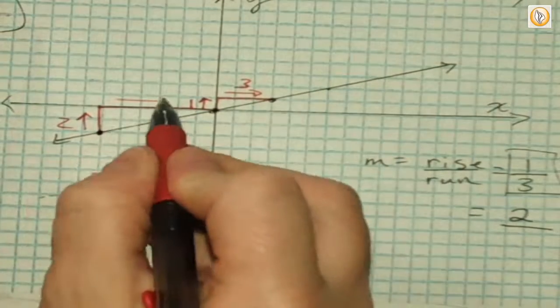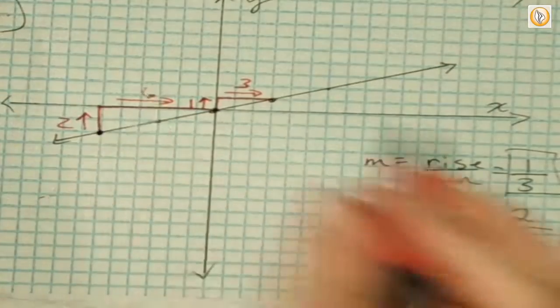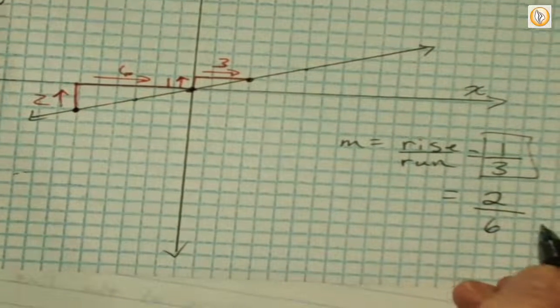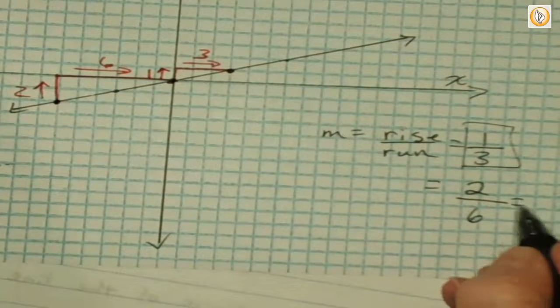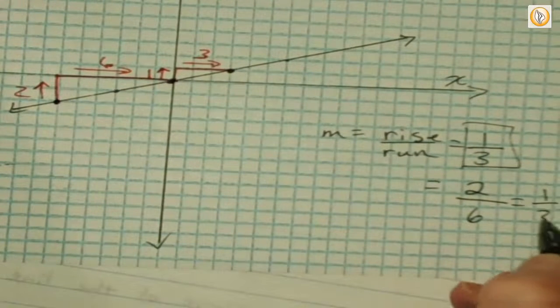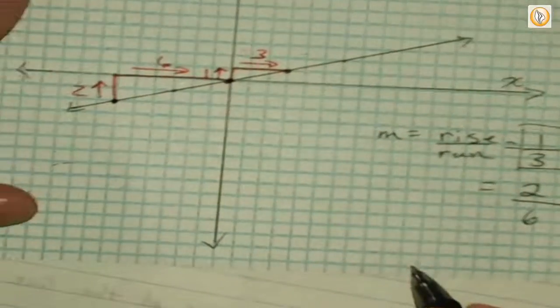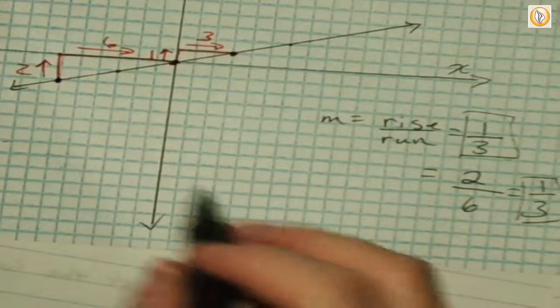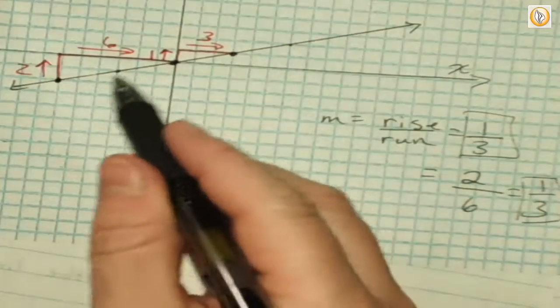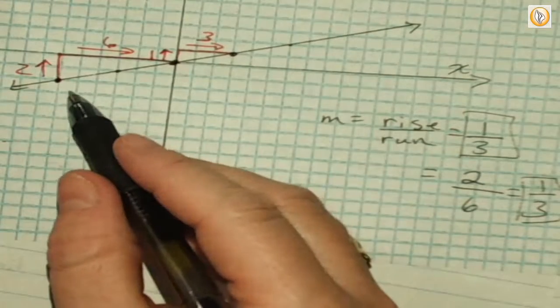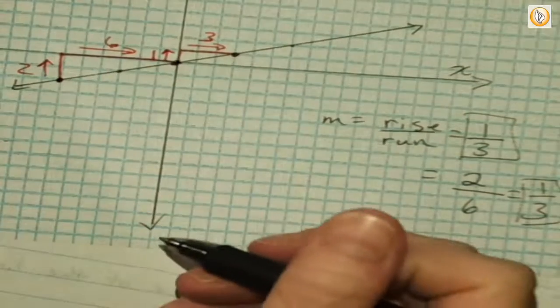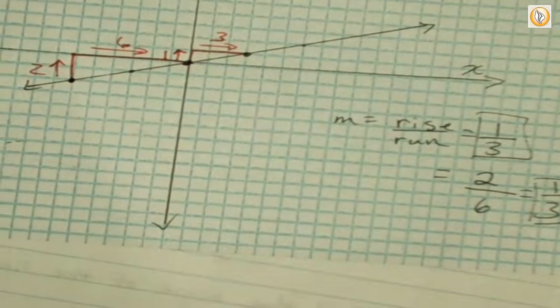How many places am I going right? 6. Can I reduce that? Yeah. It becomes what? 1/3. Same thing. So it doesn't matter as long as you do it correctly. It doesn't matter if you choose the same points. You can reduce it.